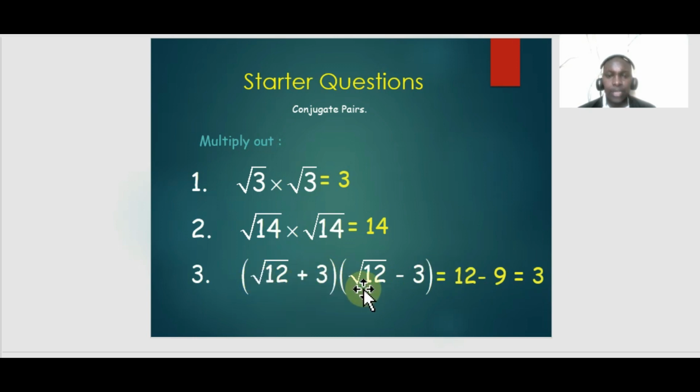Now when you look at these, you can simplify this one by expanding, or you can simply recall that this one is a difference of two squares, whereby you're going to take this one as root 12 squared, which is 12, minus 3 squared, which is 9, and this one will give you 3. Difference of two squares, you can recall that one from form 2 work.